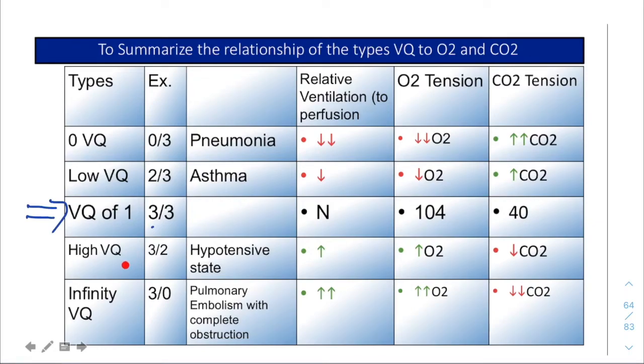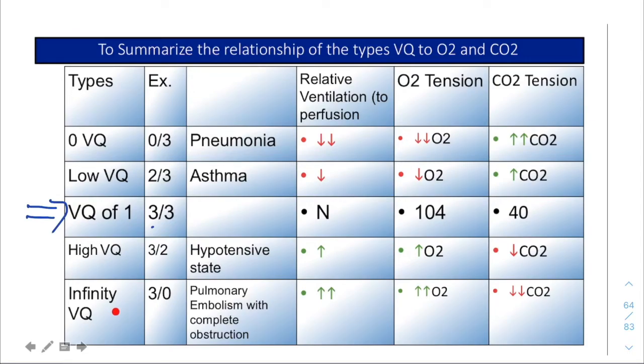When you have a high VQ, in patients with a hypotensive state, usually found in the upper lung zone, you have a relatively high ventilation compared to perfusion, so your oxygen tension will increase higher than 104 and your CO2 tension will decrease lower than 40.